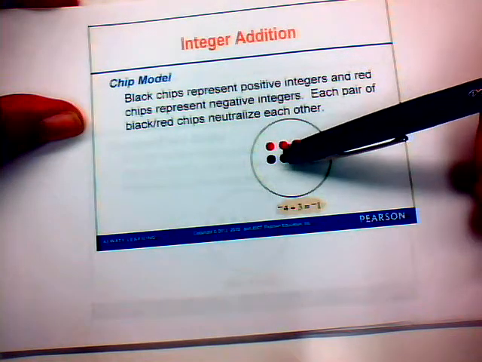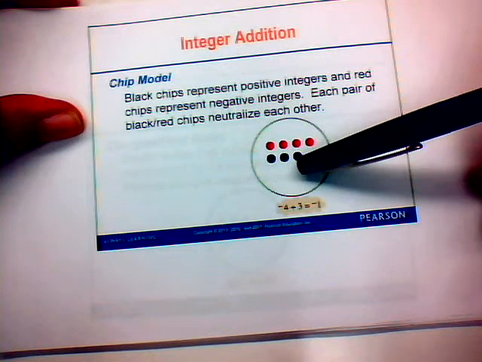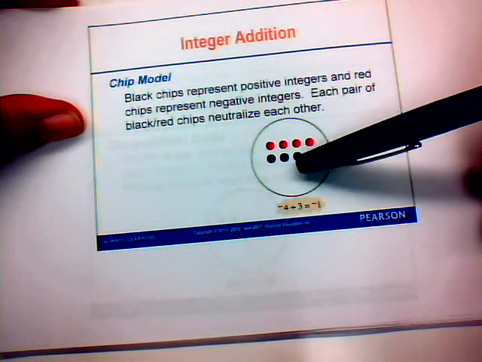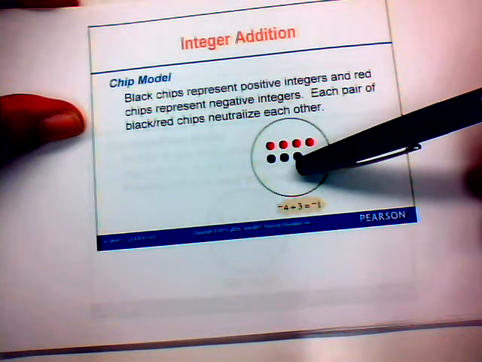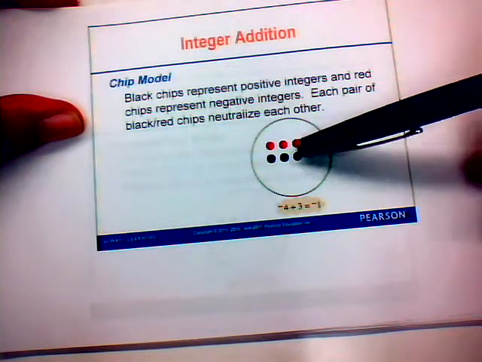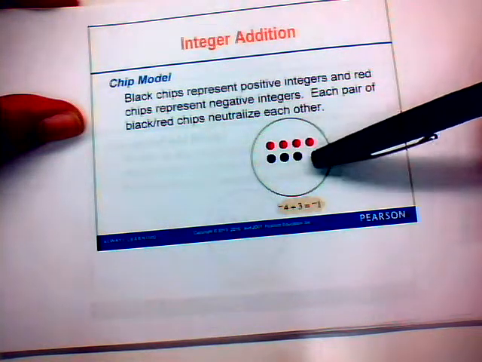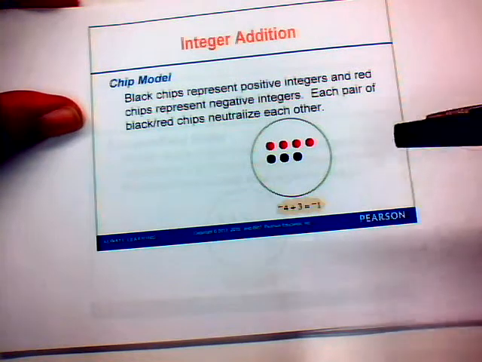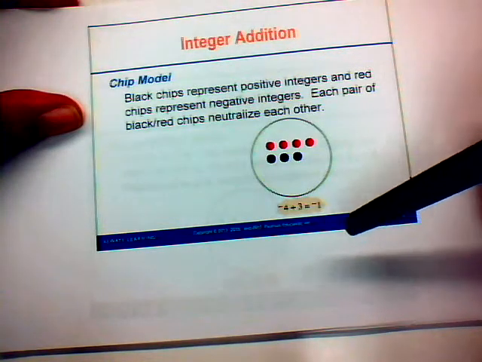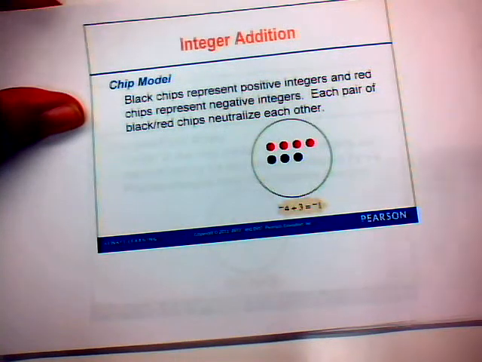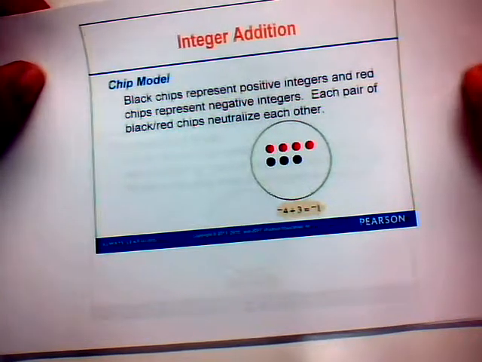This black and red chip creates another 0 pair, and this black and red chip creates another 0 pair. Okay, so that means what's left is one red chip, which represents negative 1. So this is a representation of negative 4 plus 3 equaling negative 1.